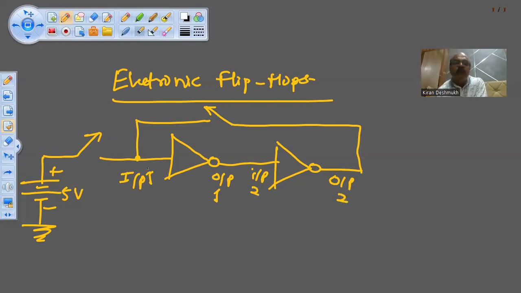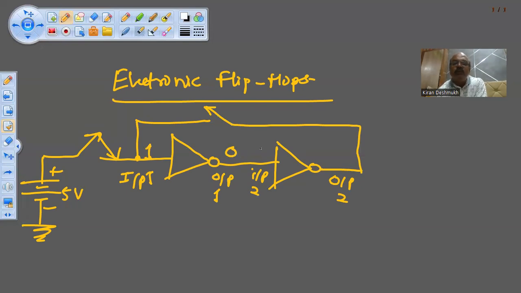So initially we connect this switch here. We are connecting it to 5-volt. So this is high. High means 1. Whenever the input to the inverter gate is 1, its output will be 0.